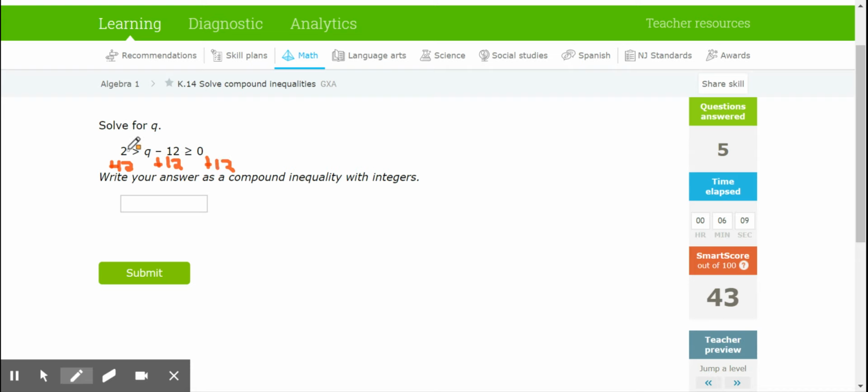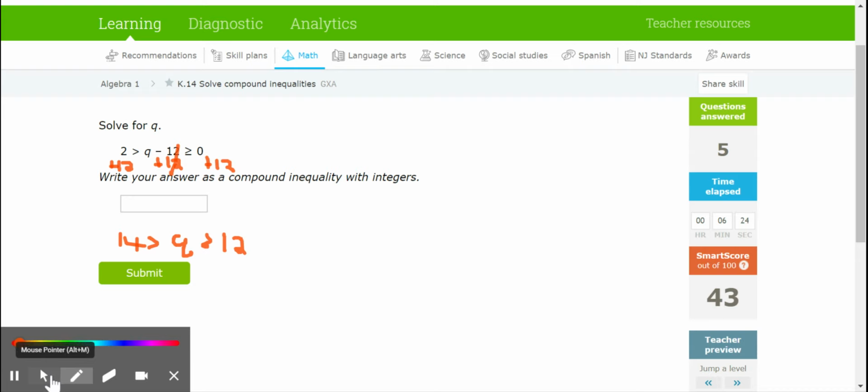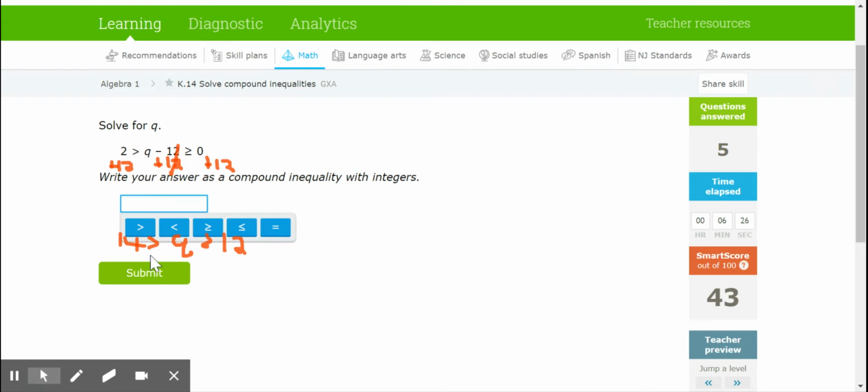I know this looks sloppy, but 2 plus 12 is 14, which is greater than q, which is greater than or equal to 12. Okay, so 14 is greater than q, which is greater than or equal to 12.